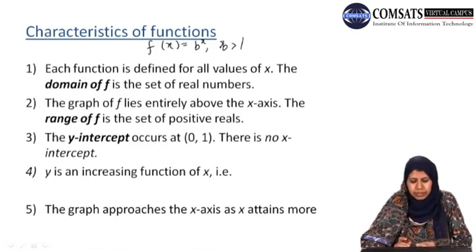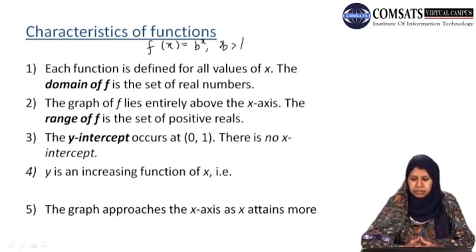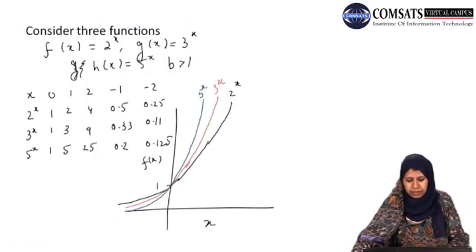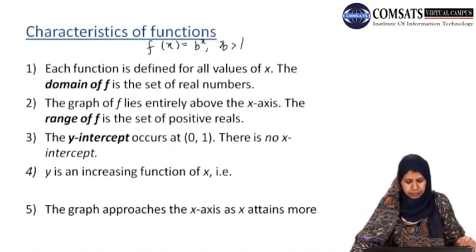Now the graph of f lies entirely above the x-axis, no matter whatever the base is, which means that the range of the function is only the set of positive reals. That is, if we go back to our previous slide, all the graphs lie above the x-axis, which means that the range of the graphs is only the positive reals.